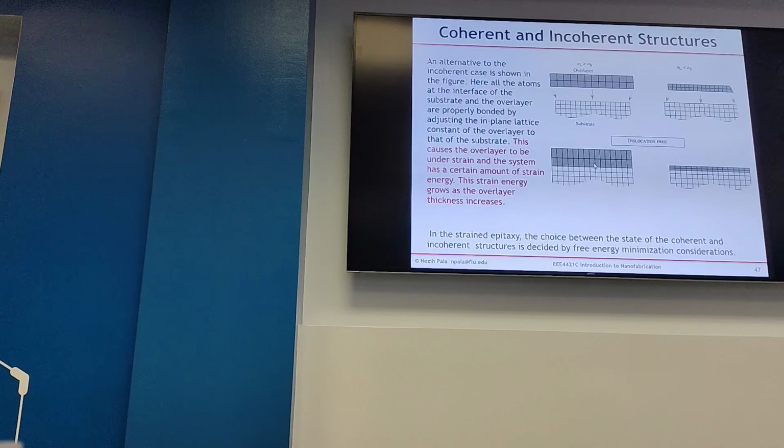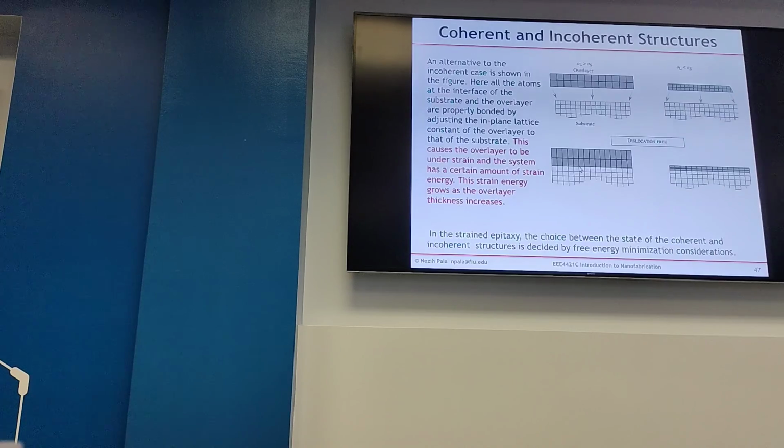The opposite case would be coherent growth. Yes, your overlayer has a larger lattice constant, but when you grow, it feels a strain, so the atoms push themselves to match or align themselves with the atoms of the substrate, as you see here.